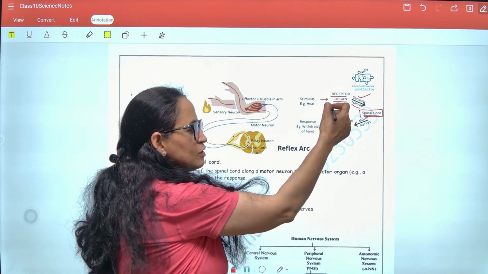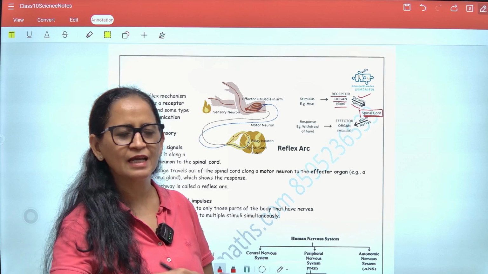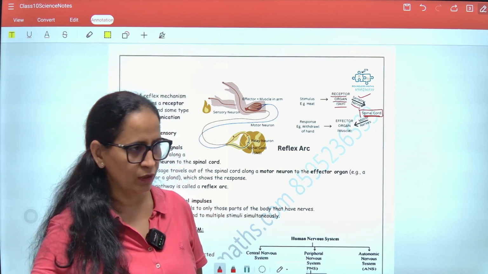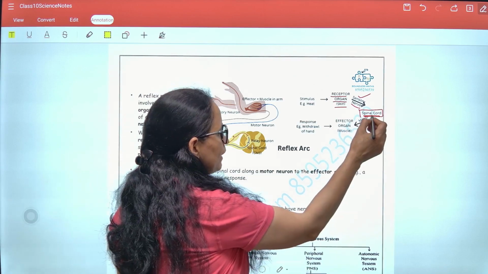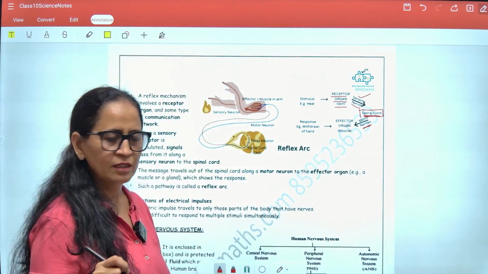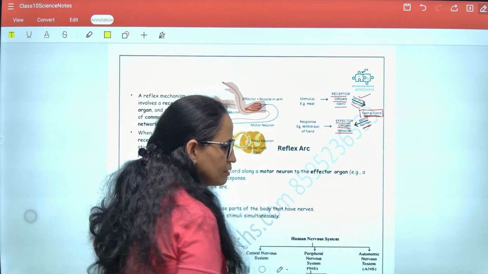From the spinal cord, certain motor nerves are triggered to bring about a change in the effector organ, that is the muscles.